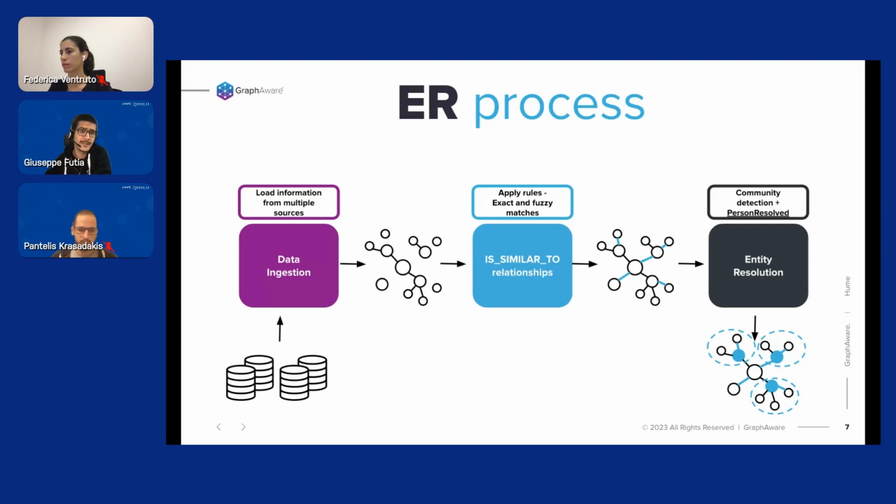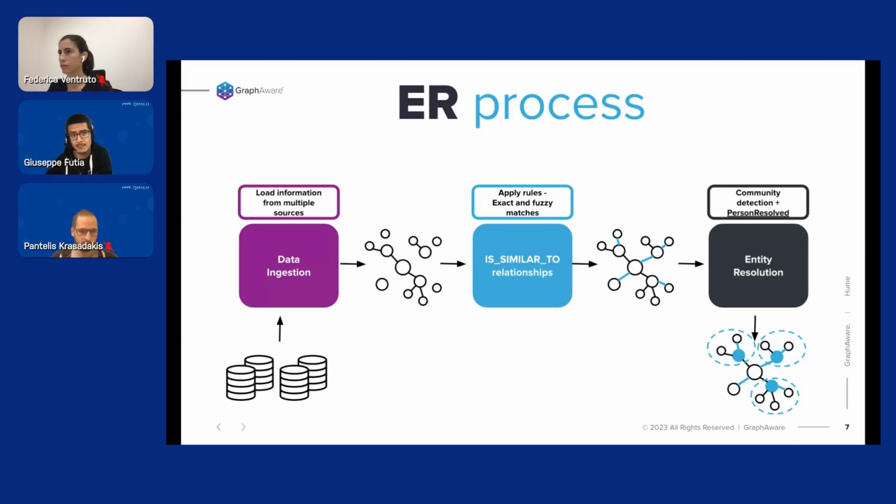And for computing this similarity, we can apply rules that can include and combine exact and fuzzy matching techniques. In the last step, we want to group these similar objects by leveraging, for instance, community detection algorithms. And in a further step, generate what we call the resolved entities.